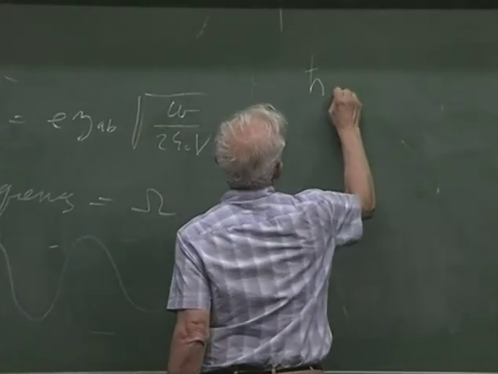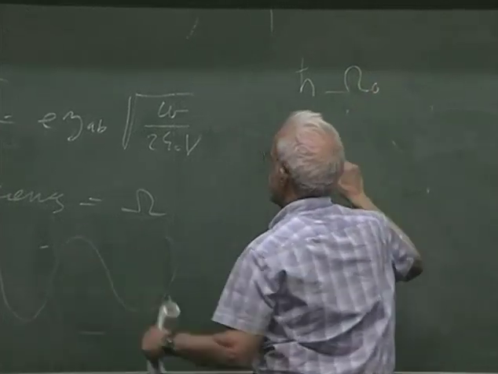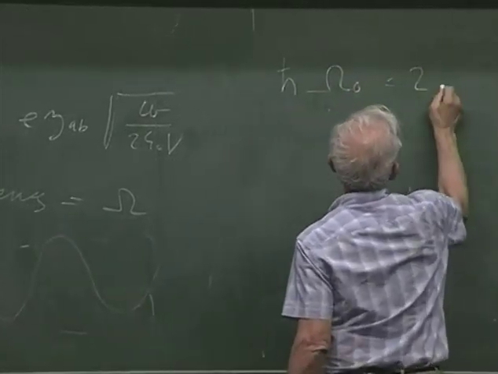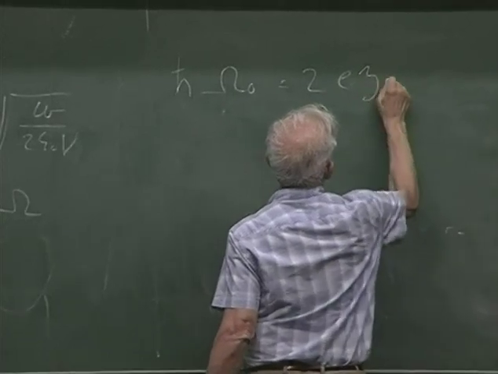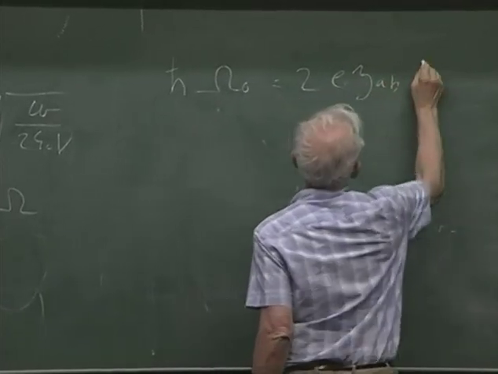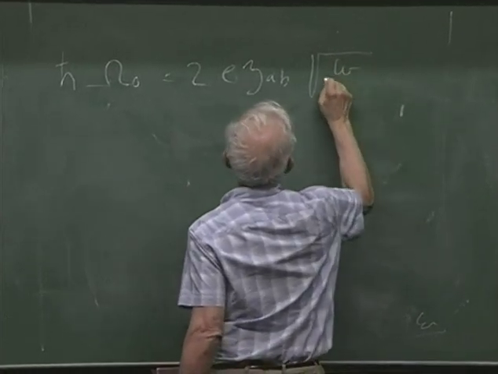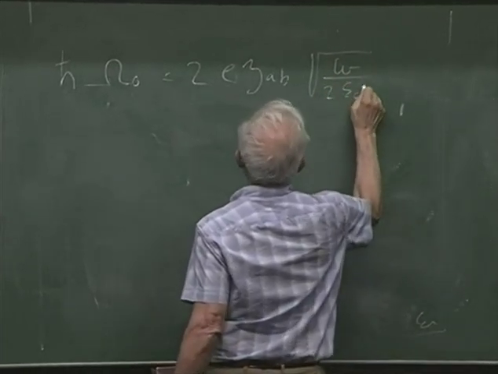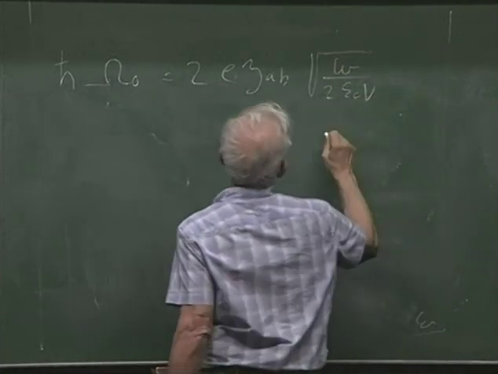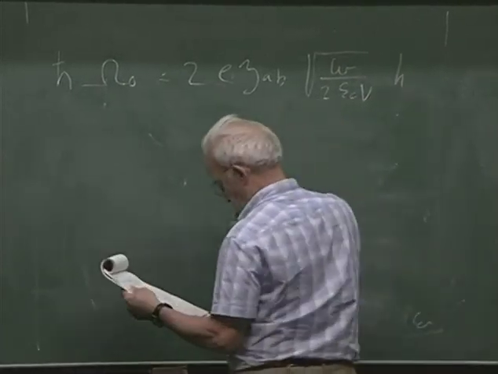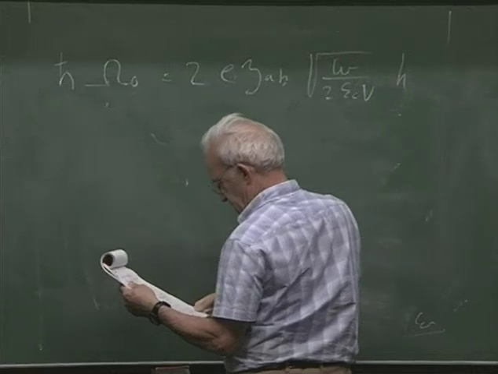h bar omega naught, that's an energy, is going to equal twice e times z_AB times the square root of omega over 2 epsilon naught V times h bar. I got that right in there.